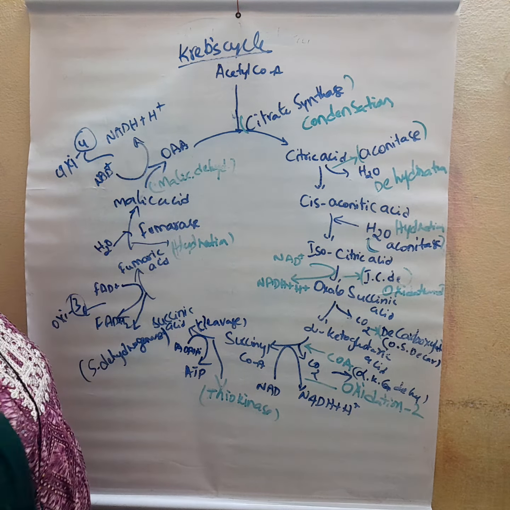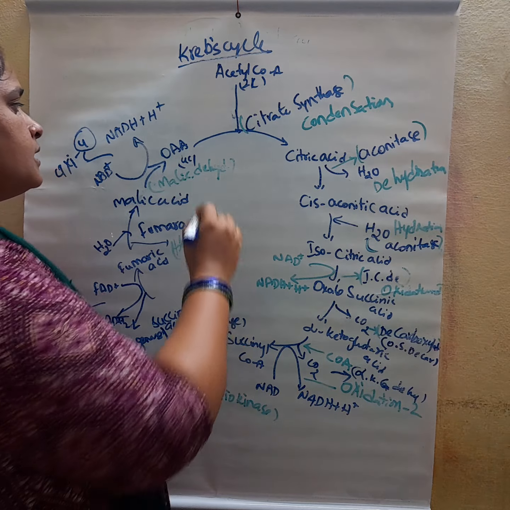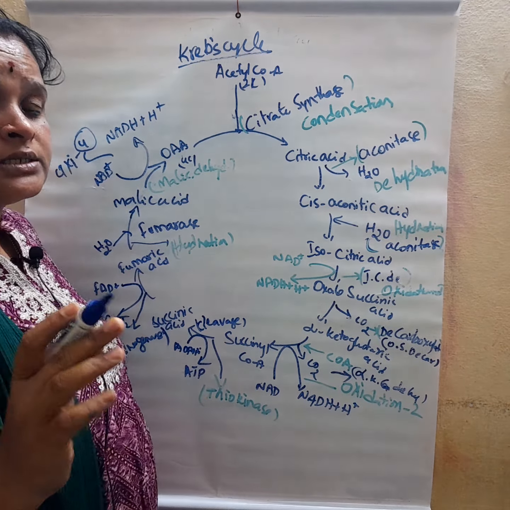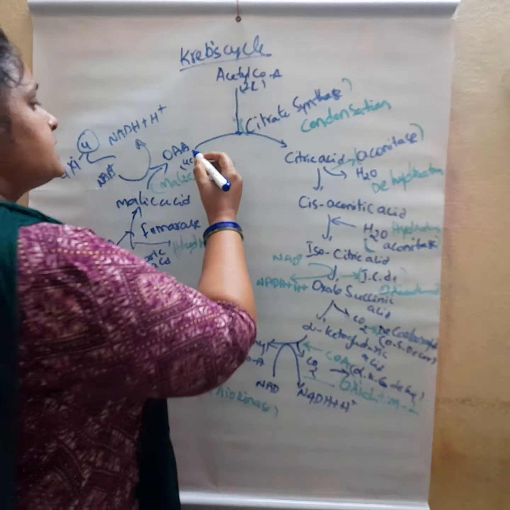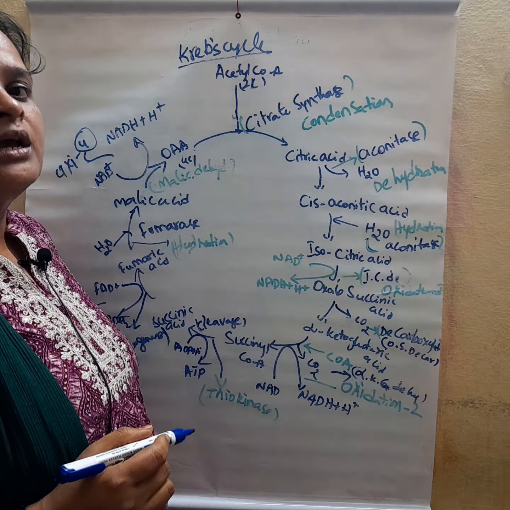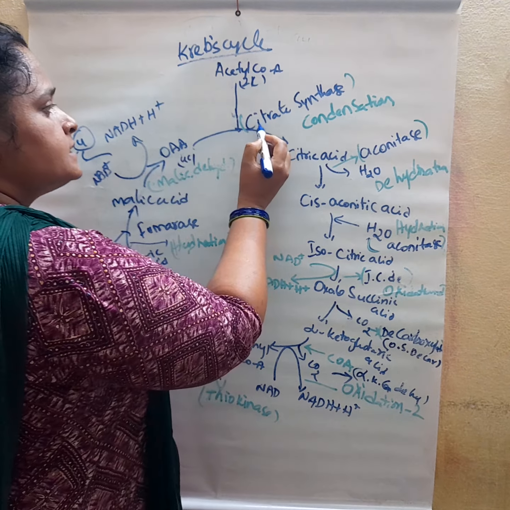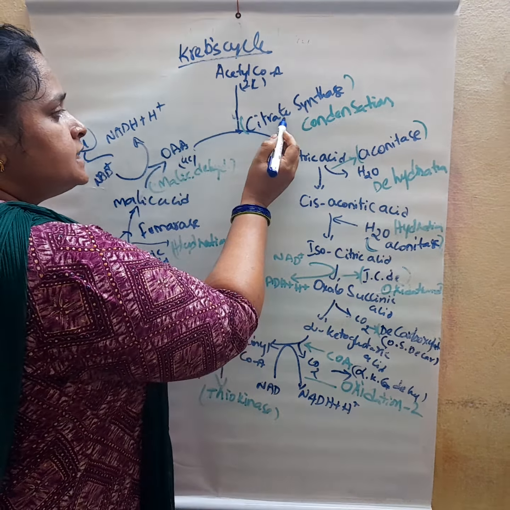Now this two carbon compound acetyl-CoA combines with a four carbon compound, oxaloacetic acid, OAA, in the presence of the enzyme citrate synthetase, and ultimately a 4 plus 2, six carbon compound called citric acid is formed. This is called condensation. The first step of the tricarboxylic acid cycle is condensation.